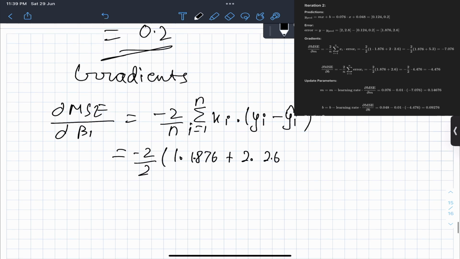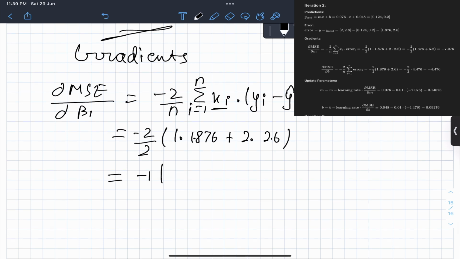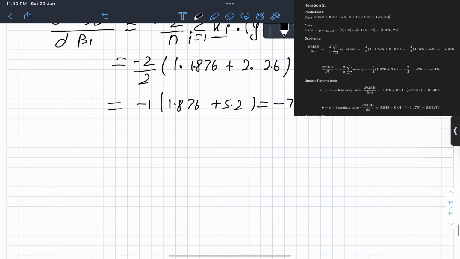We are just performing all this because we have to do this here. If you do it, then minus 1.786 plus 52, and 76 this.